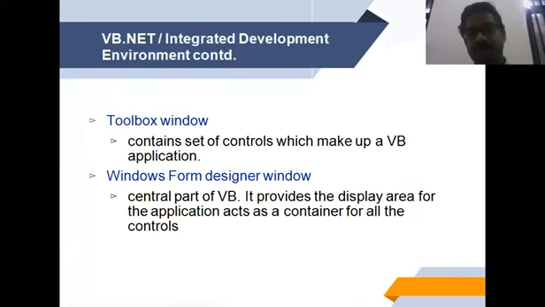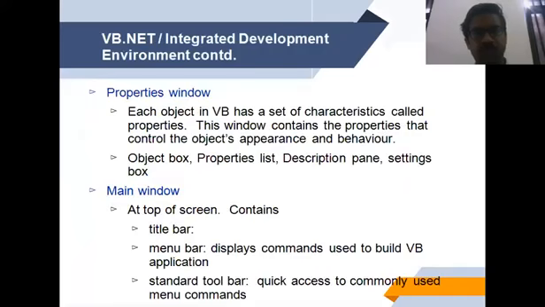The Windows Form Designer window is the center part of VB. It provides a display area for the application and acts as a container for all the controls. Properties window: each object in VB has a set of characteristics called properties. This window contains the properties of the control, the object's appearance and behavior.